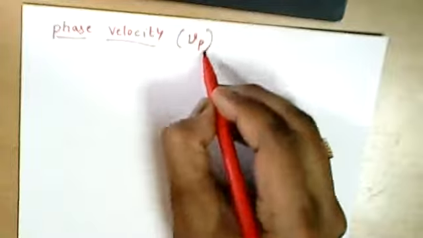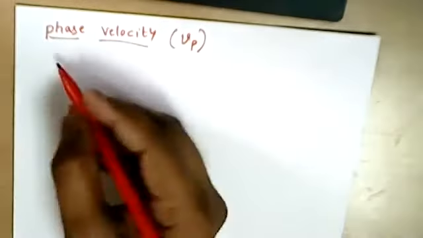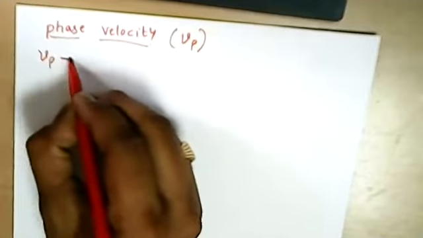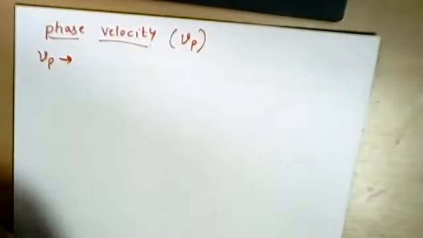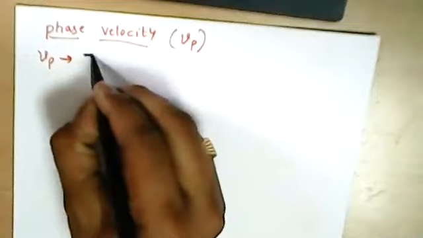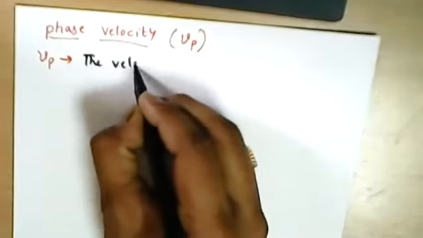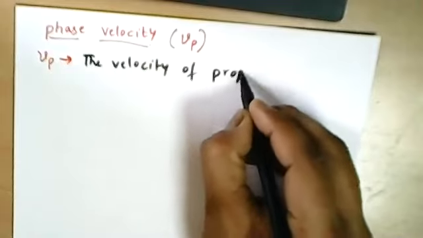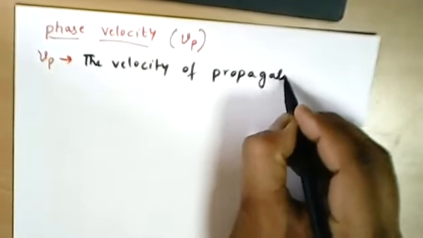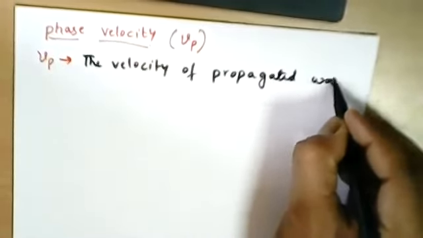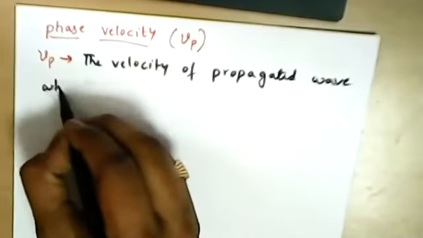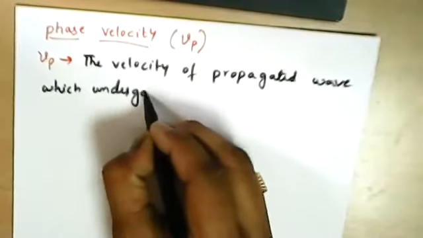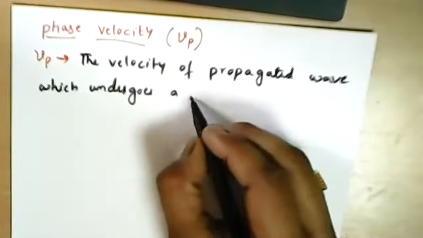So this is the phase velocity. It can be defined in a simple manner. The phase velocity is nothing but the velocity of the propagated wave which undergoes a phase shift.